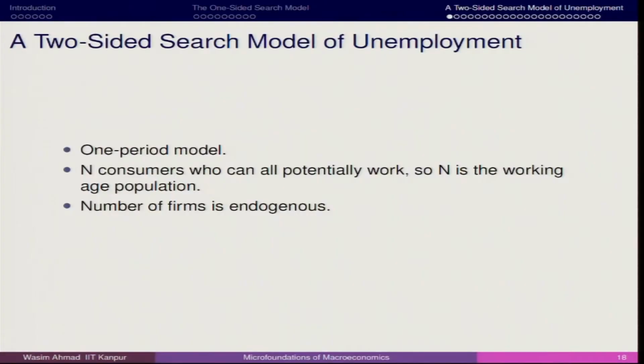Now, here we have the two-sided search model of unemployment. Here we are going to introduce the firm. Once I introduce the firm, it becomes important to note that we are having just one period. So, we are not asking what happens if this representative consumer, or this unemployed person, does not get a job even after a continuous period.